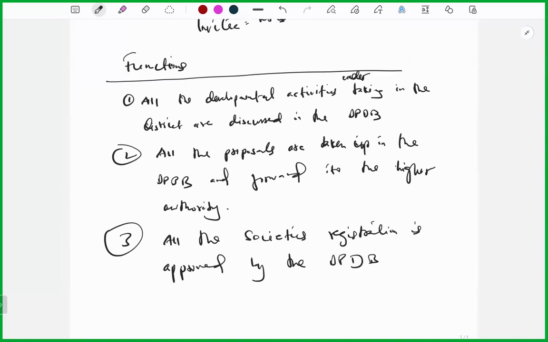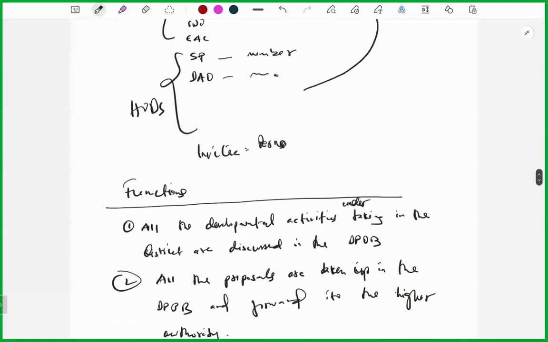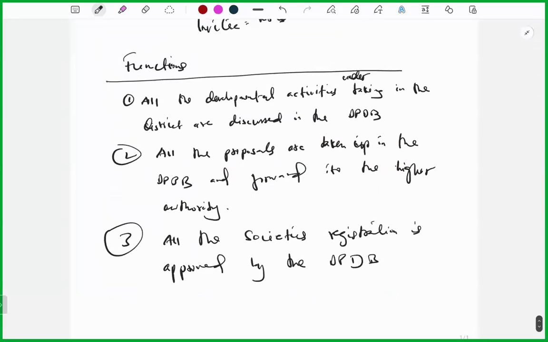For example, if it is to do with agriculture, we send proposals to the director of the agriculture department. If it is a land issue, then we send to the land revenue directorate. So this is the short overview of the structure and functions of the DPDB.